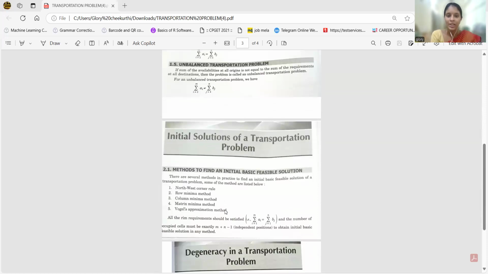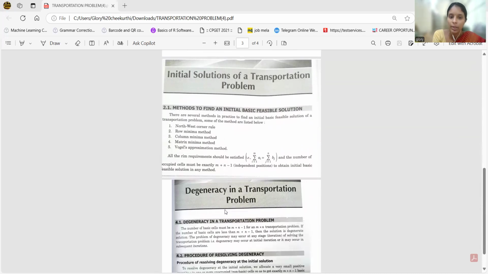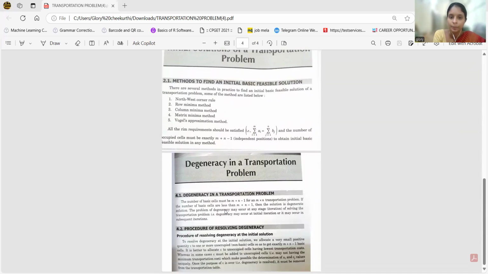To find an initial basic solution for a given transportation problem, there are many methods. Some of them are the northwest corner rule, row minimum method, column minimum method, matrix minimum method, and Vogel's approximation method. By using any one of these methods, we can find an initial basic feasible solution to the given transportation problem.